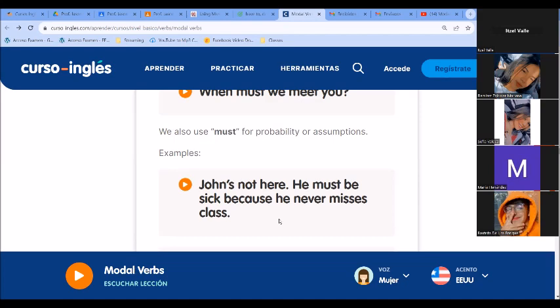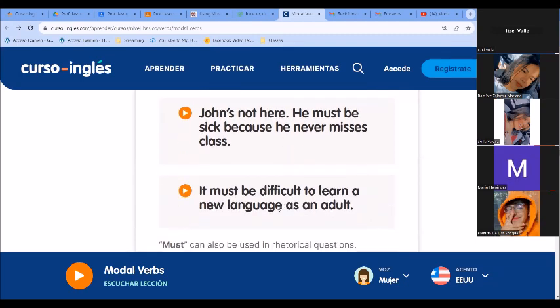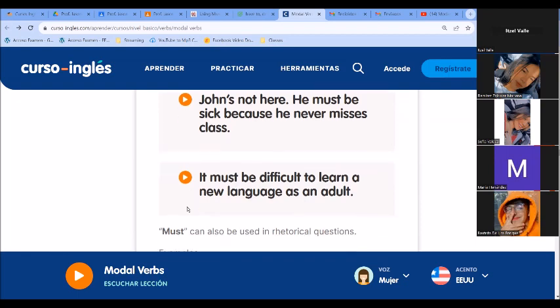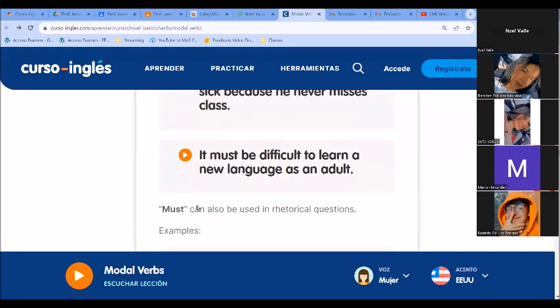All right, 100%, we're not sure, but more than likely, 90, 80%, he must be sick because normally he never misses class. It must be difficult to learn a new language as an adult. Not signs, but all of the signs show things are harder when you have more in your brain.